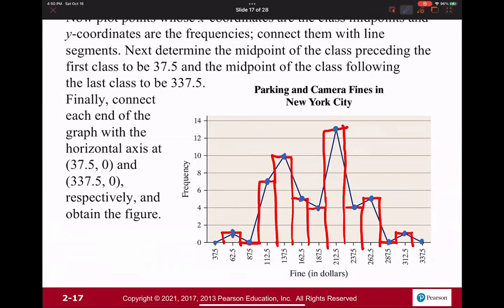And the only reason we added those endpoints is to see where we ended up going with each of these. So starting off with 0, here we went up this far, we went down here, we went up this far, and we continue that all the way to the very last value where we ended up on the x-axis. So basically we start and we end in the exact same place.